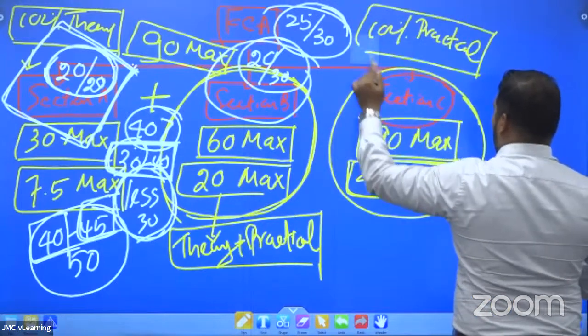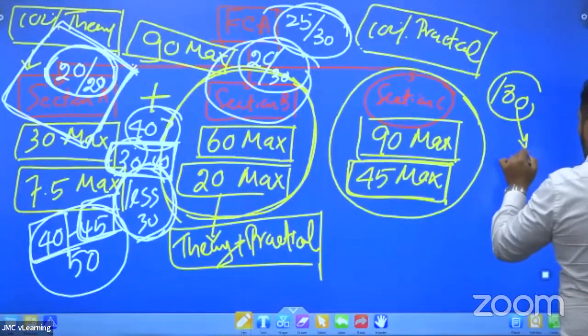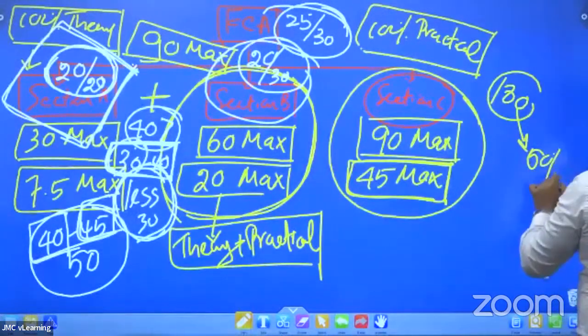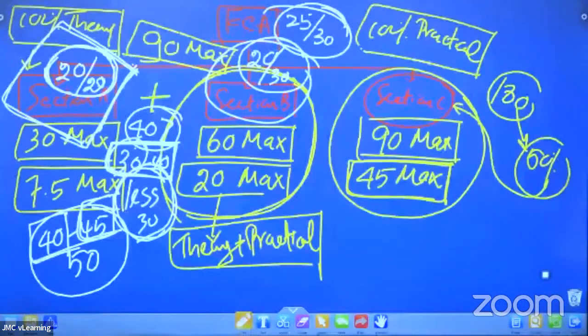So therefore, out of this 180 minutes, I would like to have 50% of the allocation for section C. Agreed? Yes or no? Clear?